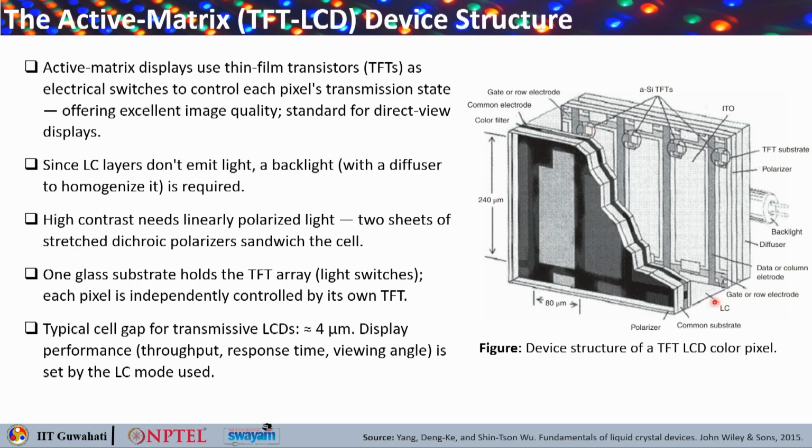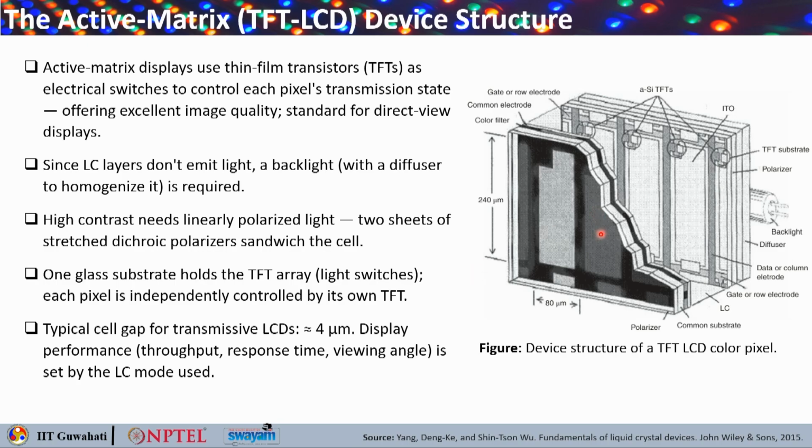The typical cell gap is the place for the liquid crystals, and on the other side you have the common electrode. This one can be considered as a gate or row electrode, and between it and the other side you have the common electrode shown here, after which you have a color filter and then a common substrate and a polarizer. So these are the typical dimensions of each pixel, and this is the height of the overall cell.